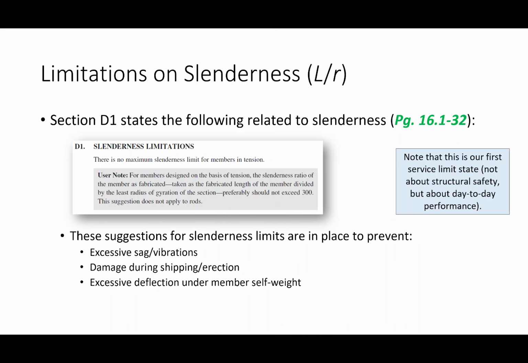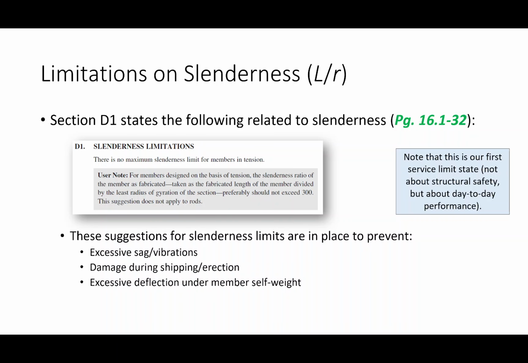The user's note says, for members designed on the basis of tension, the slenderness ratio of the member as fabricated, taken as the fabricated length divided by the least radius of gyration, preferably should not exceed 300.